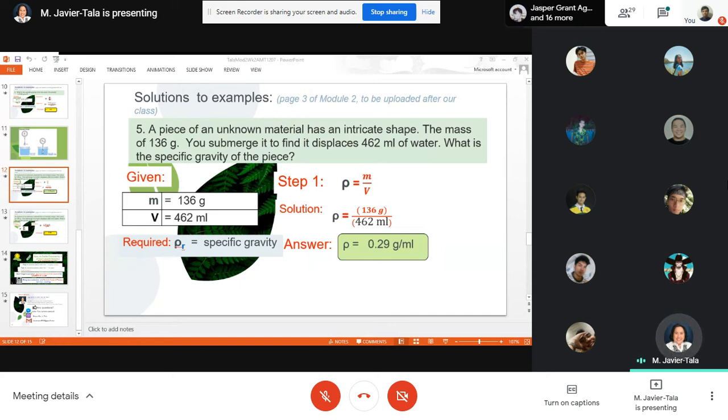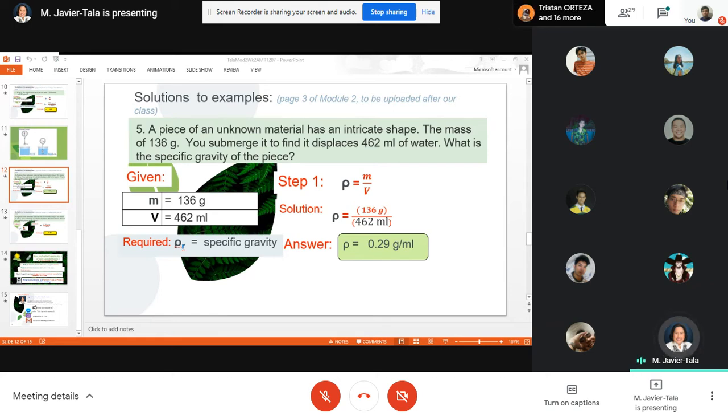So you are given the mass of your object and the volume of your object. The volume of your object is equivalent to the displaced amount of water because, as you have seen in Archimedes' principle, the volume of the object is equivalent to the water it displaced.